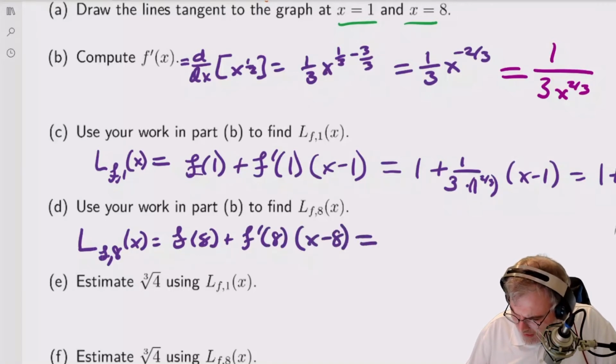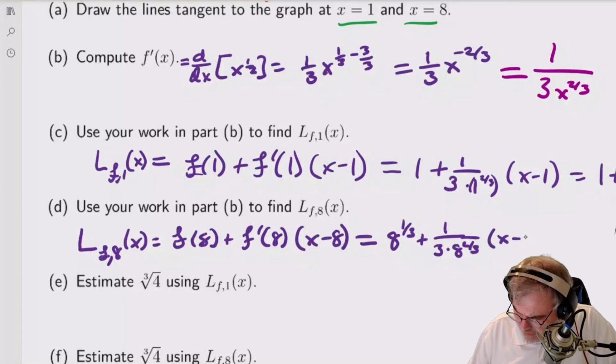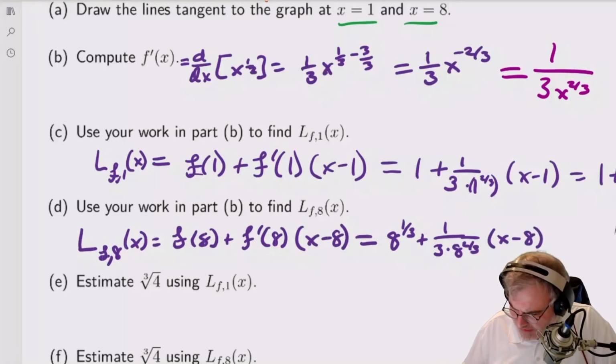All right, f of x, so this is 8 to the 1/3 plus 1 over 3 times 8 to the 2 over 3 times x minus 8.